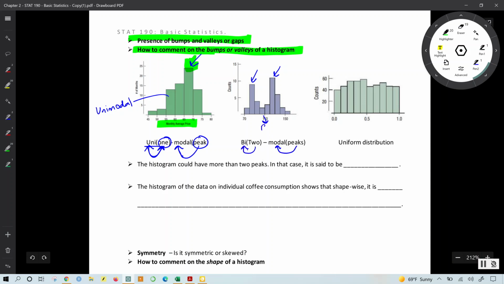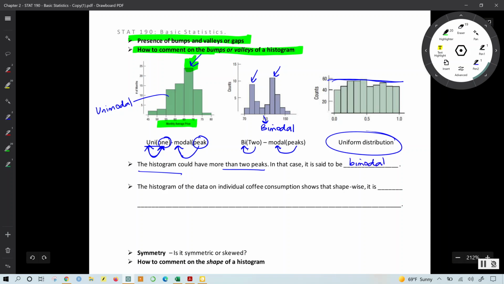So this is a bimodal distribution. Whereas this appears not to have significantly evident peaks. So this is called a uniform distribution because for the most part, most of the data values are approximately about the same height. So the histogram can have 2 peaks, and in that case, it is said to be bimodal.